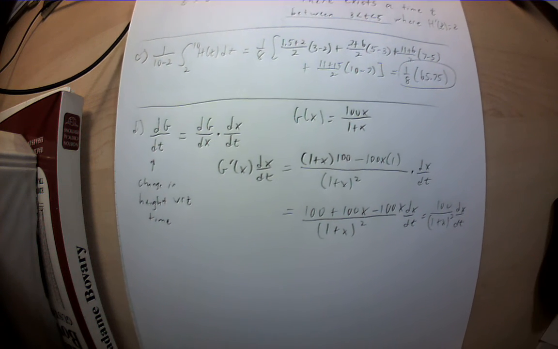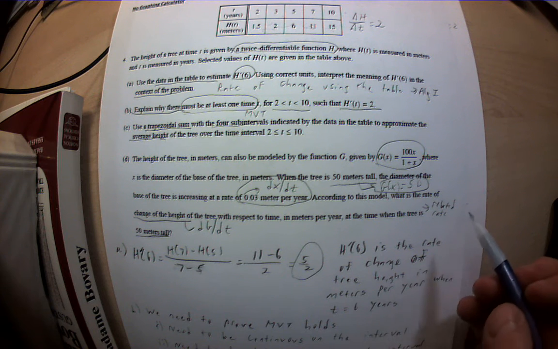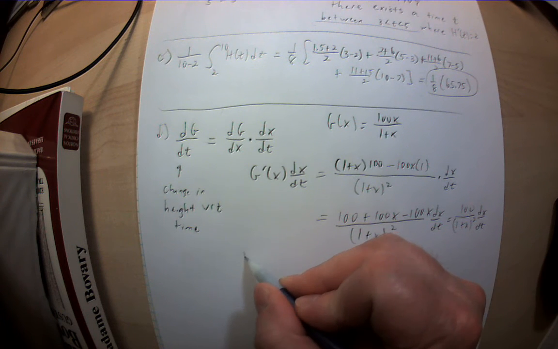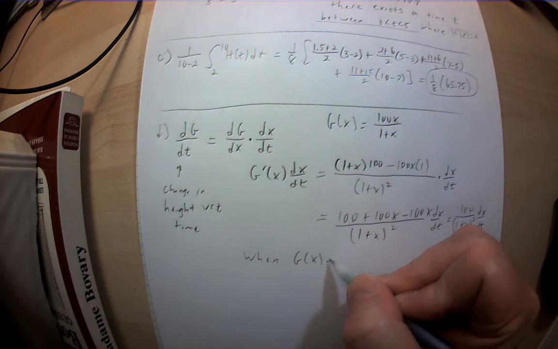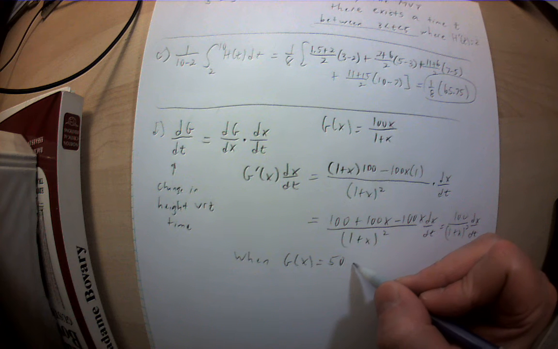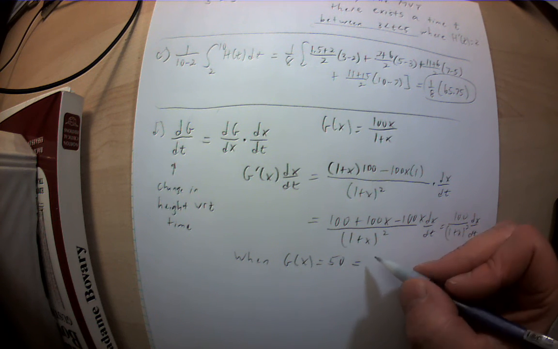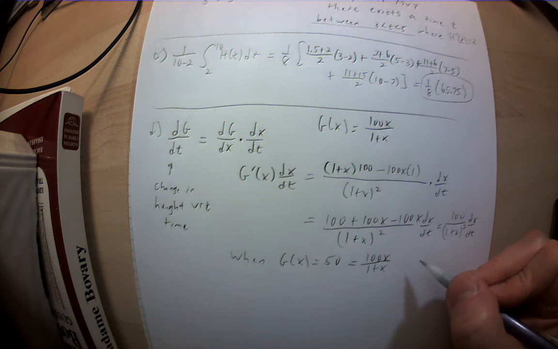All right. So what I want, if you remember the original problem, they want to know when x is, so guys, they want it when g of x equals 50. So you got to find x, okay? 50 equals the original equation, 100x over 1 plus x.